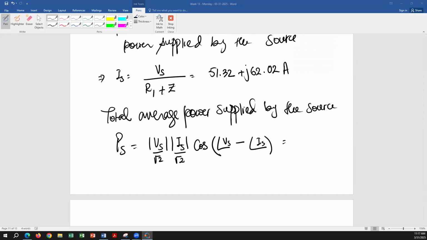All right, so the absolute value of Vs times the absolute value of Is times cosine of the angle difference gives 5,286.5, or 5.2865 kilowatt.